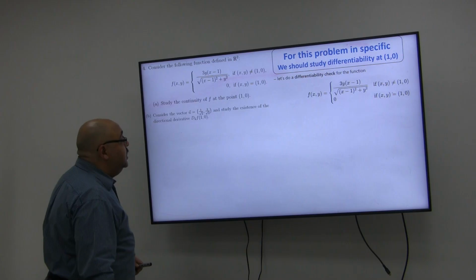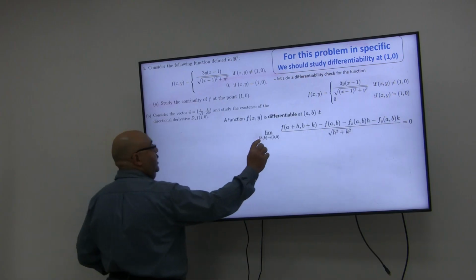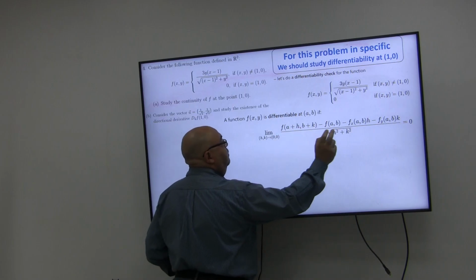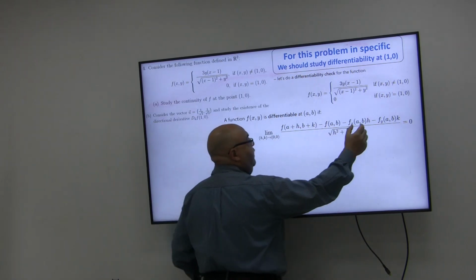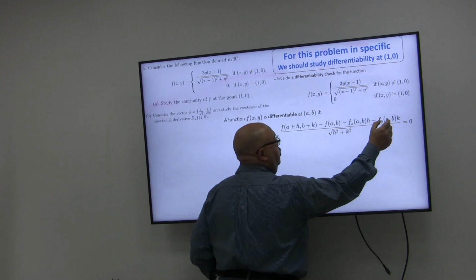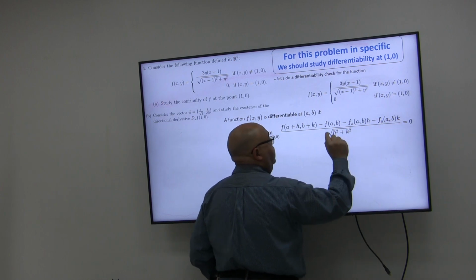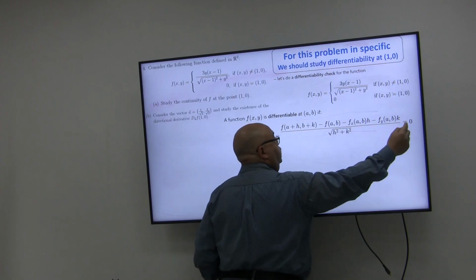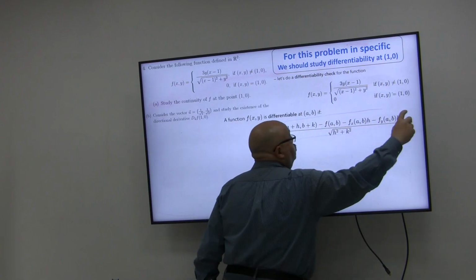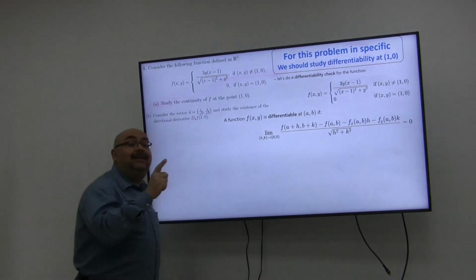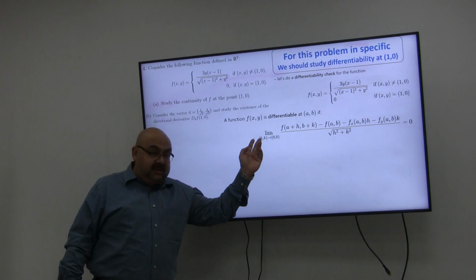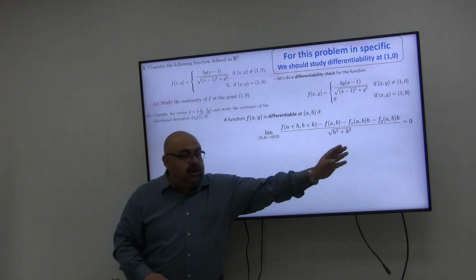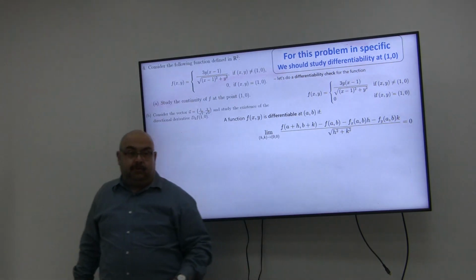I'm going to test this limit as (h, k) tends to (0, 0) of f(a+h, b+k) minus f(a, b) minus the partial derivative times h minus the partial derivative times k, divided by the norm of (h, k). To be differentiable, this limit should equal 0. If this limit doesn't exist, or it exists but is not equal to 0, then your function is not differentiable.